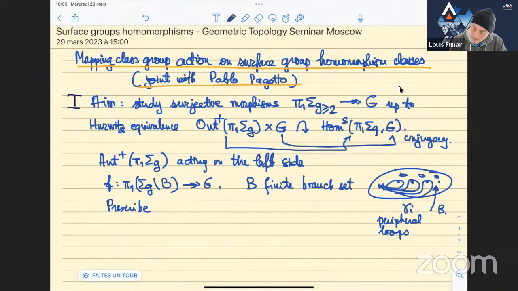If you want to act by the automorphism group, you have to prescribe the monodromy, so the values of f of gamma i, which are some Ci belonging to G, and you have to fix them. Some very similar theory occurs in this situation, but for the sake of simplicity, I'm going to look just at the case when B is empty, for the moment at least.